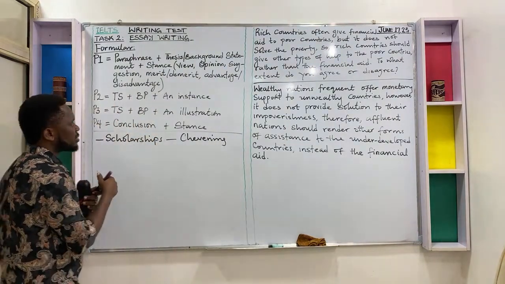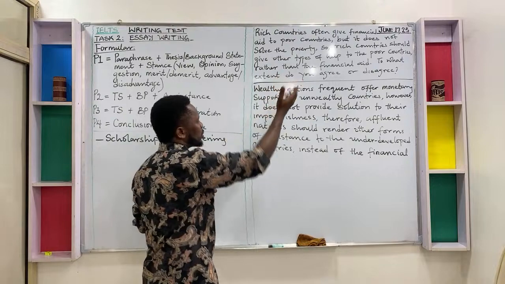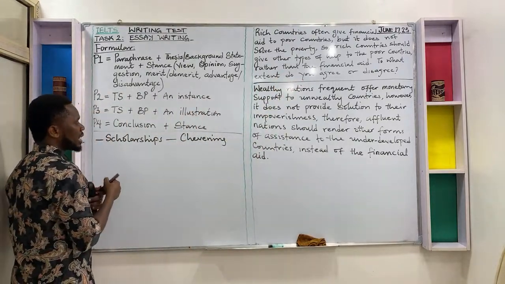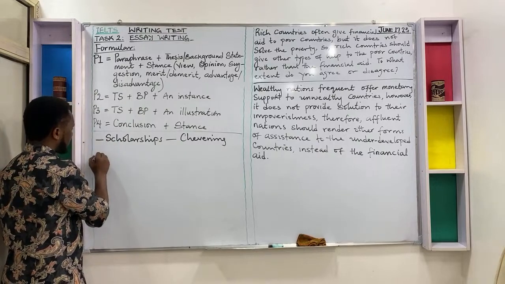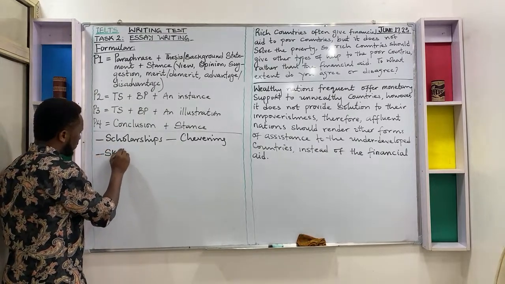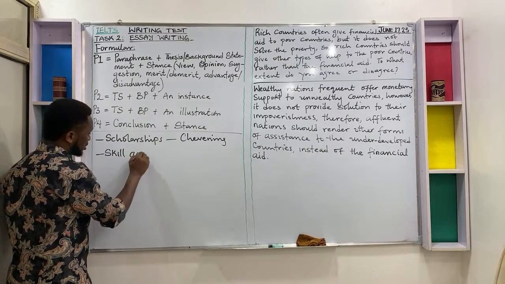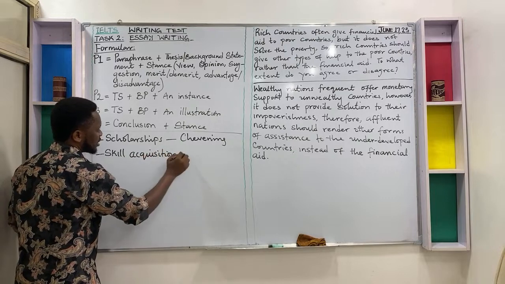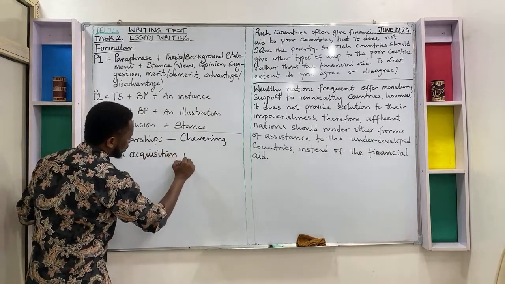So what other kind of support would you suggest that affluent countries should consider giving instead of money? You're talking about skill acquisition, is that correct? Skill acquisition program.